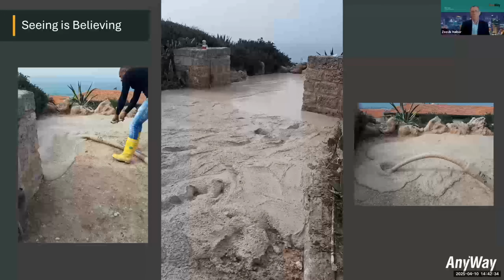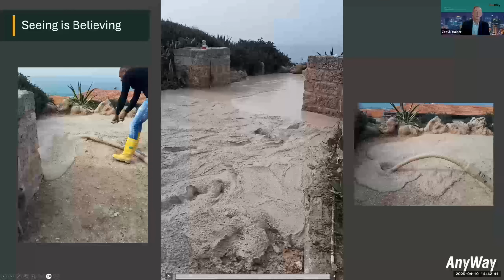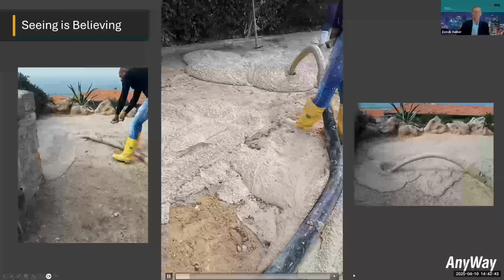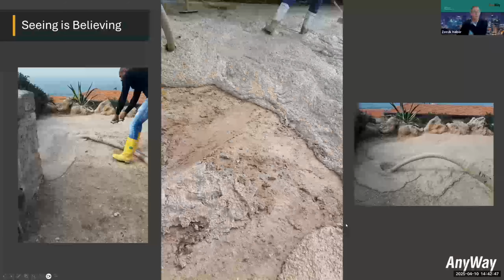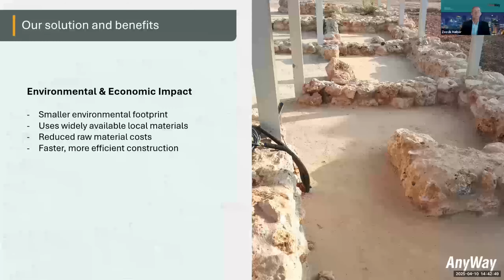We want to share a few short clips, seeing is believing. So maybe go back, Alex, one. Let's go one slide back. As you can see, the concrete is placed directly on compacted aggregates.